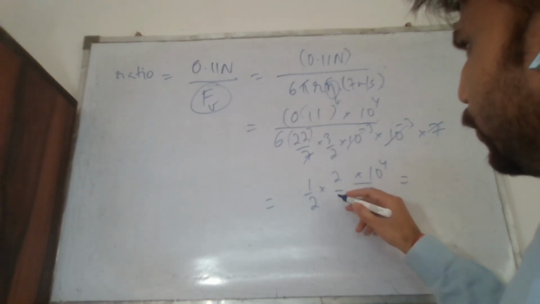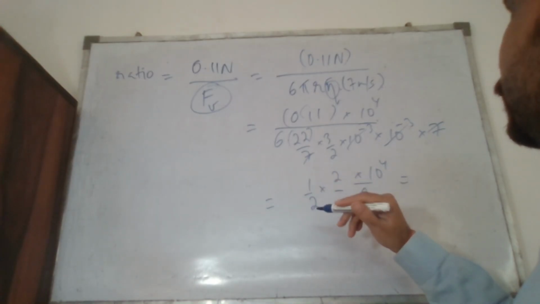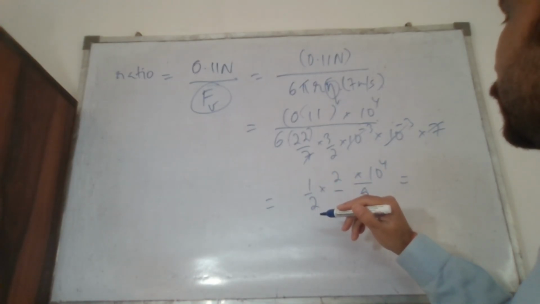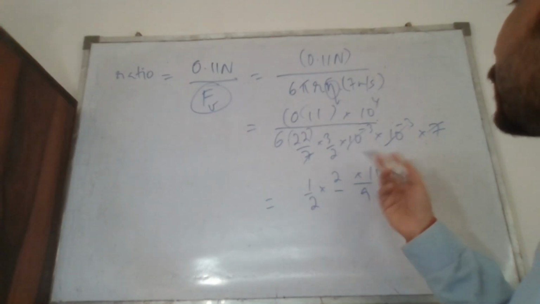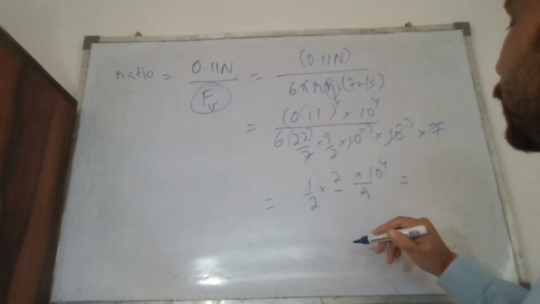Yes, there would be one more 2, so the 2 gets cancelled. So this is coming out to be 2 by 2 into 10 to the power 4 by 9.